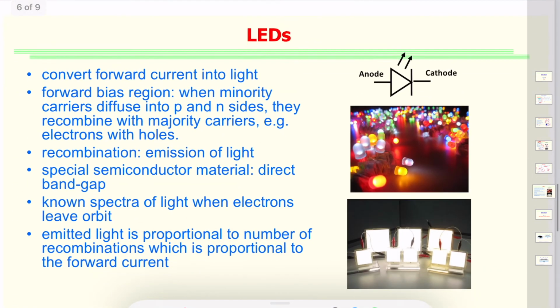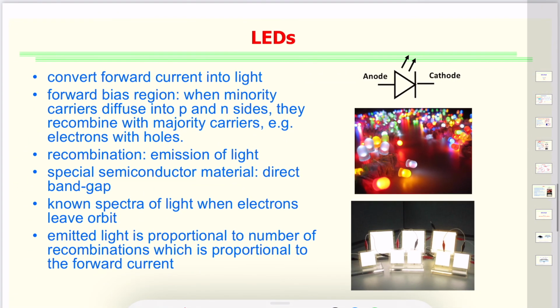Another interesting application of diodes, which we use every day now, is light emitting diodes. They are the opposite of photodiodes. They convert a forward current into light. This is something we use in displays, computer monitors, lighting, almost everywhere we use light, where we have replaced the old things with LEDs.